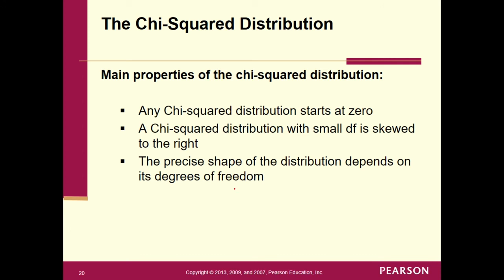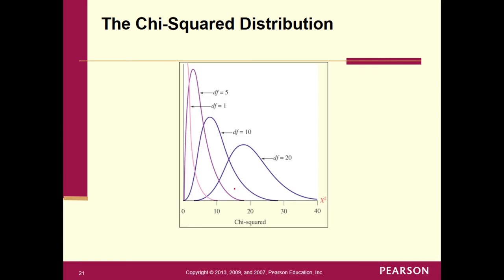Well, there's a family of chi-square distributions. So here's a picture of 4 different chi-squares with their degrees of freedom. So notice highly skewed to the right with small degrees of freedom. Okay, and then as the degrees of freedom goes up, it gets to be more and more symmetrical. And actually, at degrees of freedom infinity, the chi-square turns into actually the standard normal.